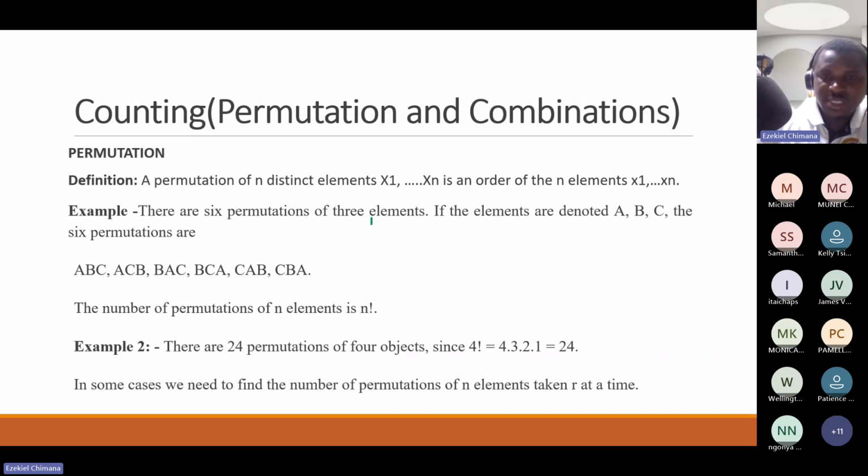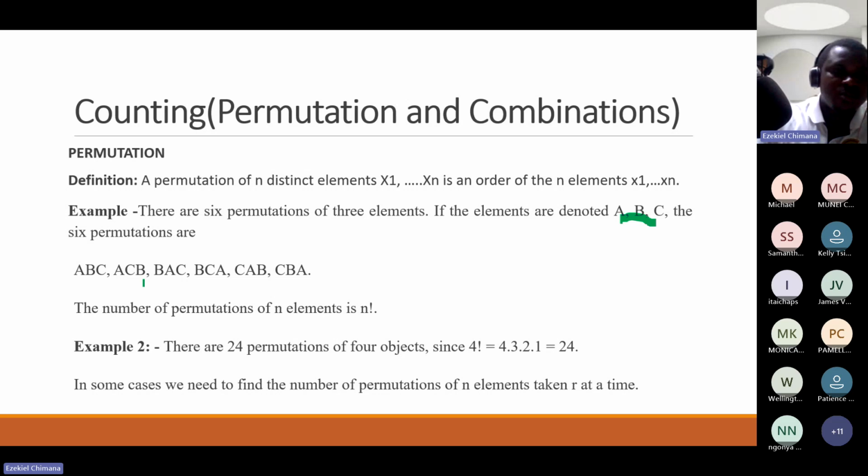For example, if these three elements are denoted by A, B, C, and you are being asked to find permutations of that set of elements, what it means is that we are trying to put these elements together in some different order. So when you're doing permutation, order does matter.